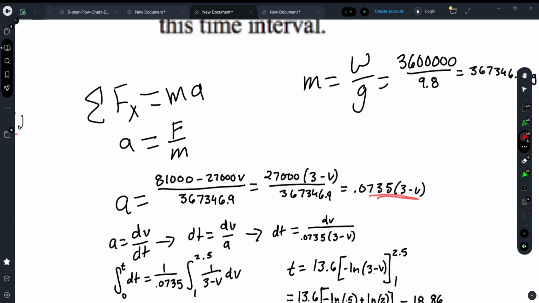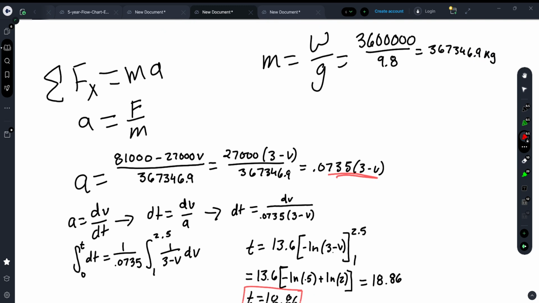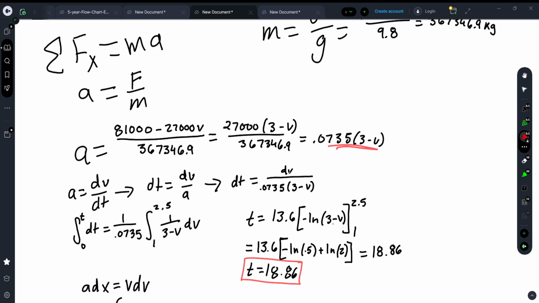So there's my function of a as a function of v, and if we remember from our equation sheet, a equals dv/dt, which we can rearrange to be dt equals dv over a, which is the same as dt equals 1 over a times dv.